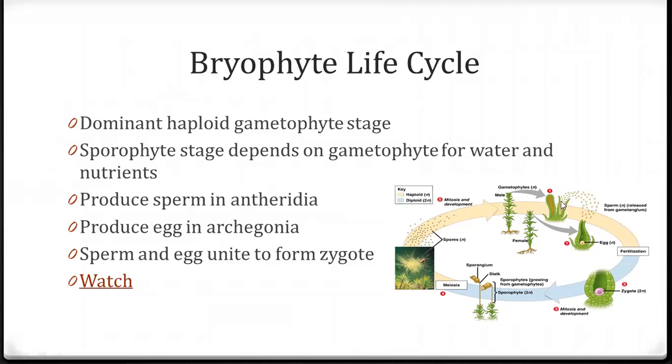The sperm are like little particles, not seeds, that float over to the egg in the water. That's why they need water. They combine, so they fertilize, you get a zygote, and then mitosis occurs, and that's where you see the stalk and the sporangium, and then spores release. This releases more spores, and the cycle continues.